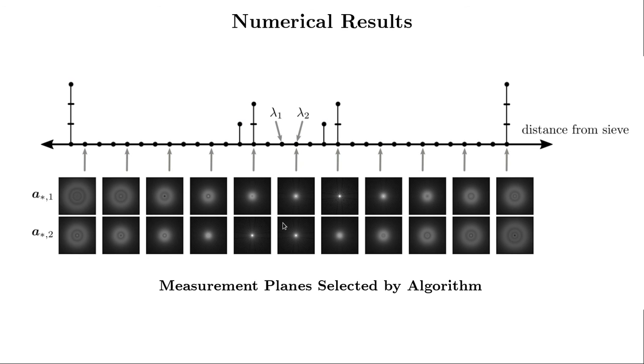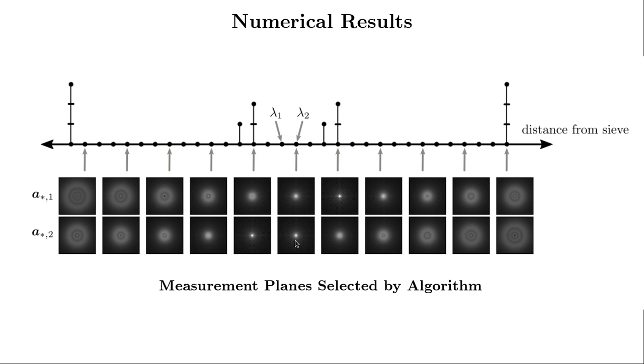If we look down below, these are the PSFs that are associated with each candidate plane for source 1 and source 2. If we look at the PSFs close to the measurement location, and it's the same for lambda 1 and lambda 2, I only show it for lambda 2 here, you can see that they're very similar.